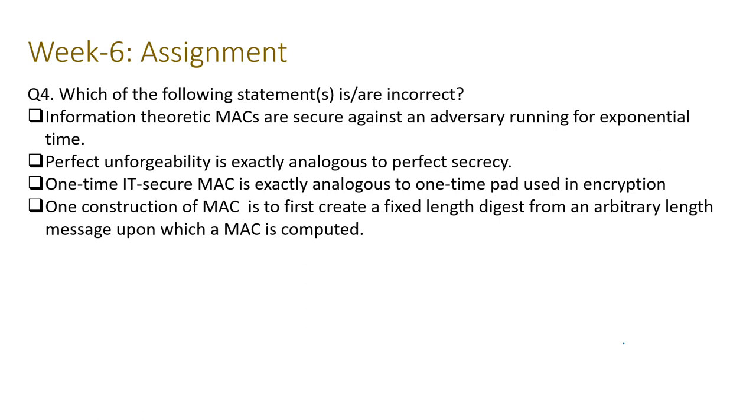Still, although we allow unbounded computational power, we are able to prevent forgery of the MAC, that is, an adversary coming up with a message, tag pair such that the tag is valid for that message. That probability will be upper bounded by a negligible function. So the first statement is correct.